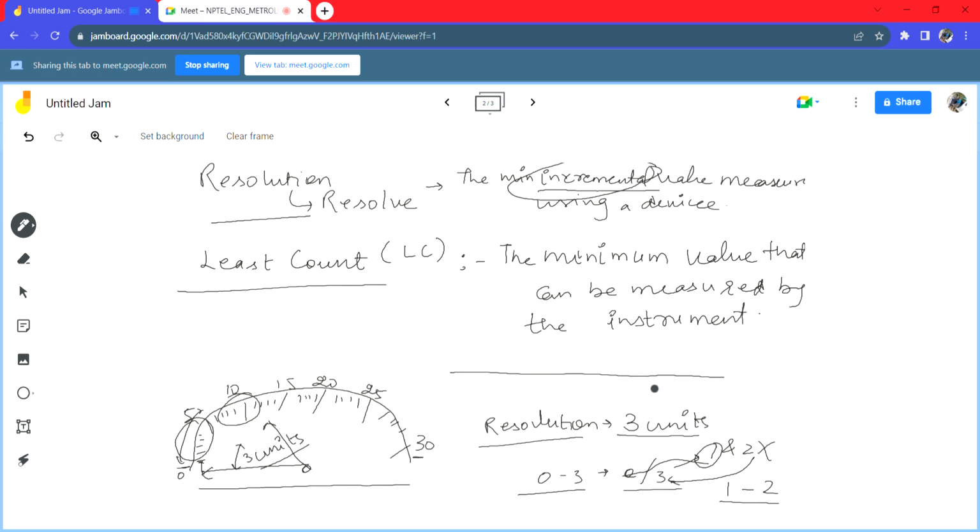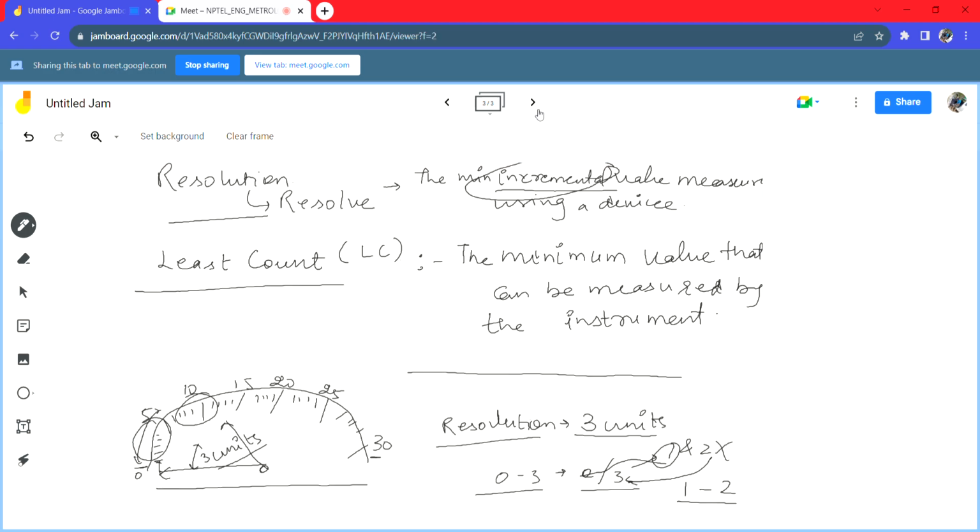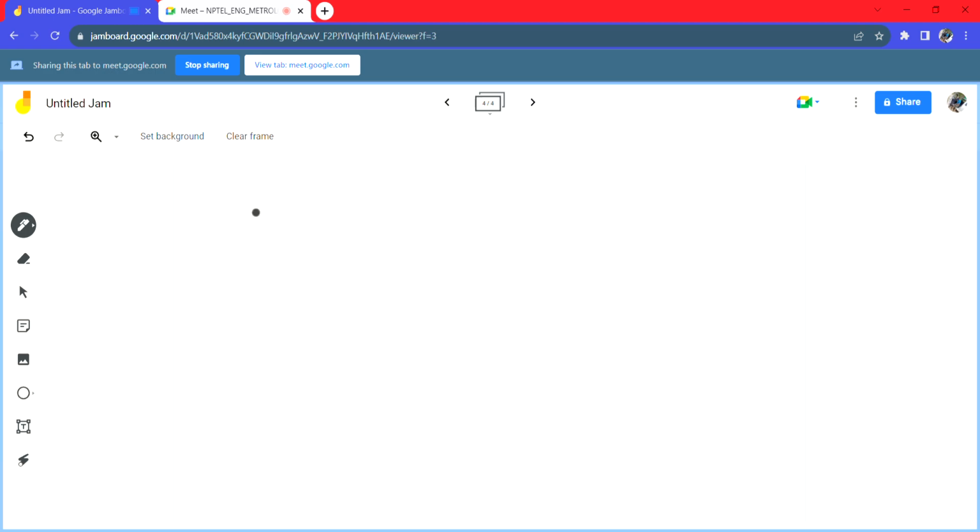So again, I will give you one more example to understand the concept of least count. You all have seen vernier and screw gauges, right? If I have a vernier scale, on my vernier scale we have two scales. First is the main scale or the primary scale, and the other is the secondary or the auxiliary scale.